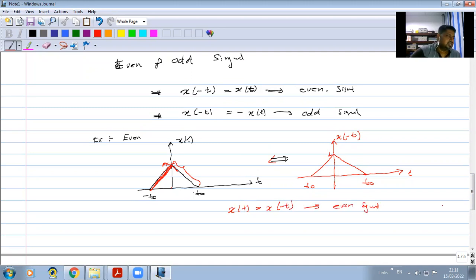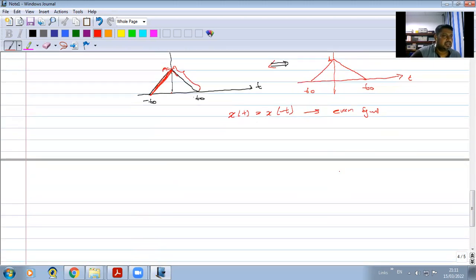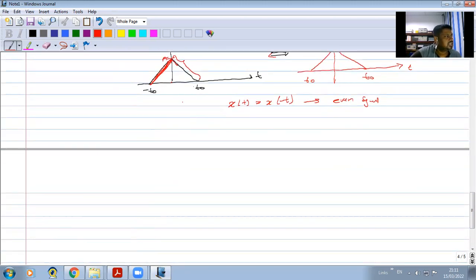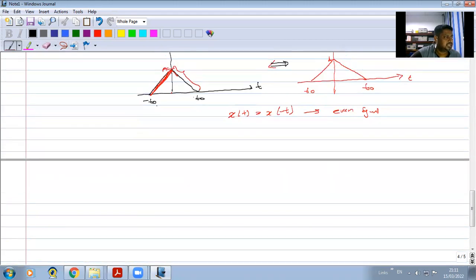So all the symmetric signals are even signals. If the signal is the same across this y-axis, we call it symmetric.